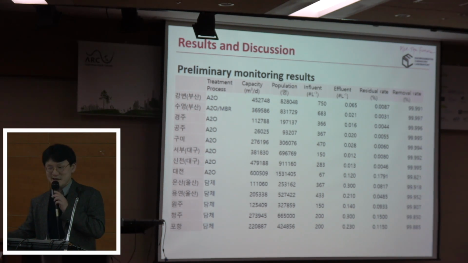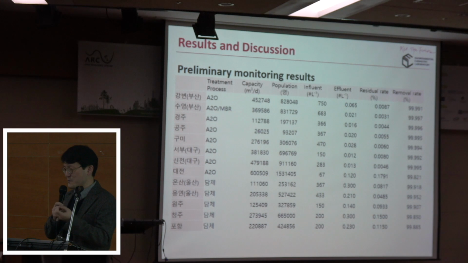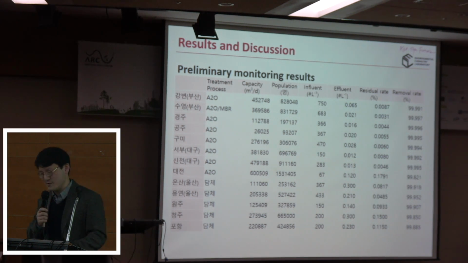We are accumulating samples actually, so we sampled 50 wastewater treatment plants, but in this presentation I only show 13 wastewater treatment plant results. And these count the number of plastic particles per liter of sample, and in the effluent we have a much lower value.